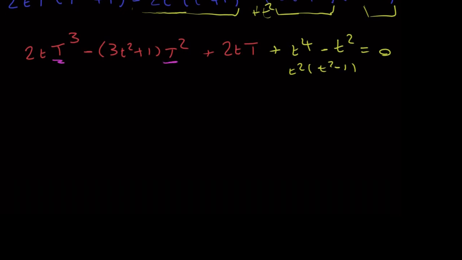We want to find this guy, and we know that capital T minus t squared is a factor, right? So all we got to do is, well, factor this guy out. Okay, so let's try to do that. And I'm just gonna do that off the bat.